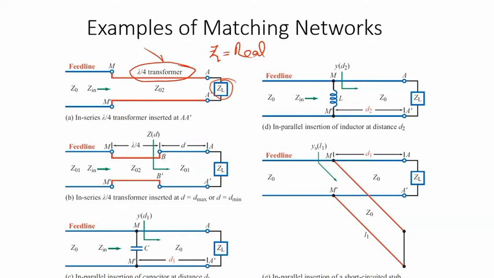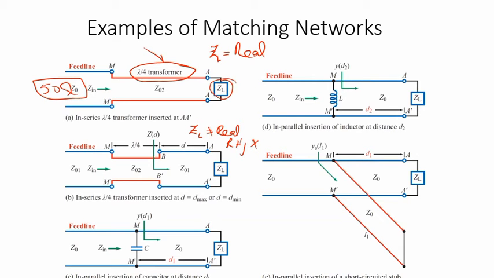Now with this lambda by 4 transformer, this load is matched to this 50 ohm, but there are cases when ZL is not real. It has a value R plus jX.